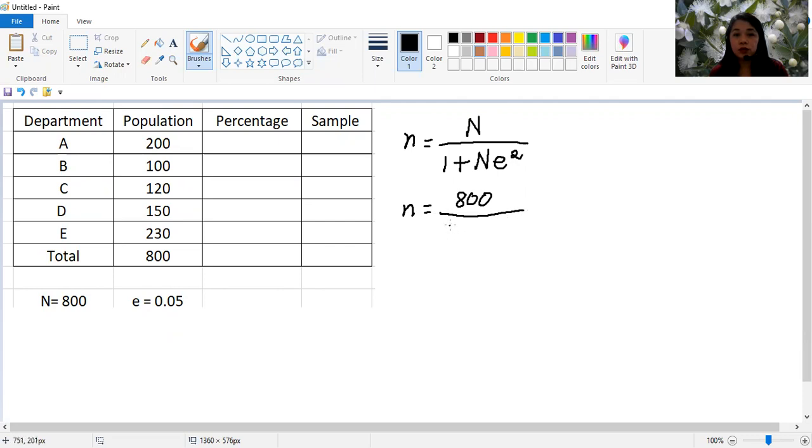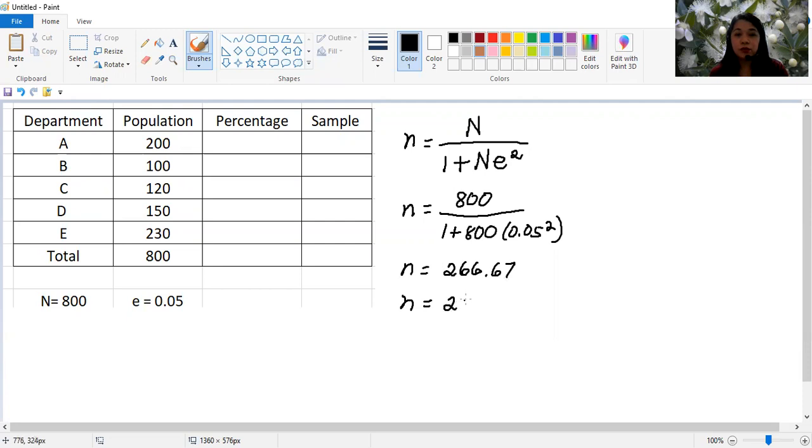So we divide 800 by 1 plus 800 times 0.05 squared. Okay? Using our calculator, this will give us 266.67. But we need to round this off since we're talking about employees and there will be no fractional employee.